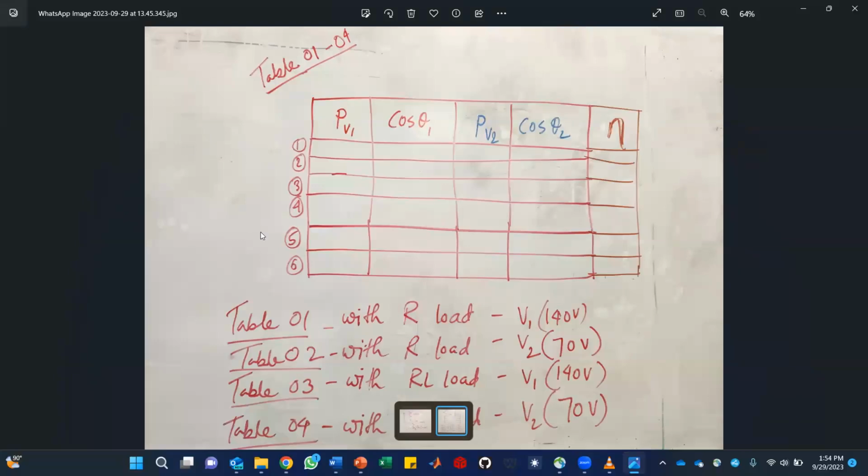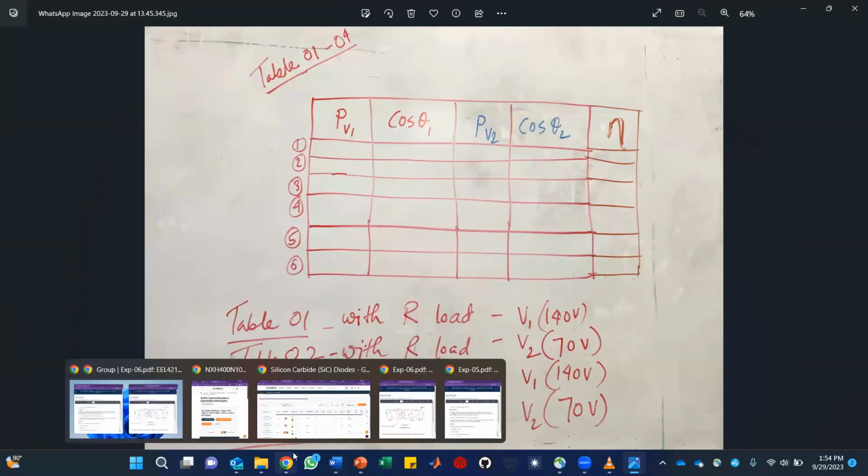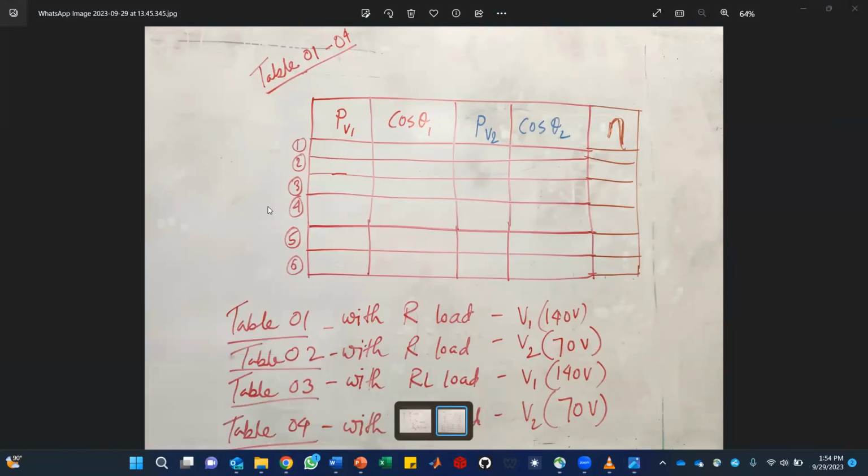So this will be case 1, and for case 1 we'll have one table. For case 2 we'll have another one. This way there are 4 cases, and also there will be 4 tables and 4 graphs.